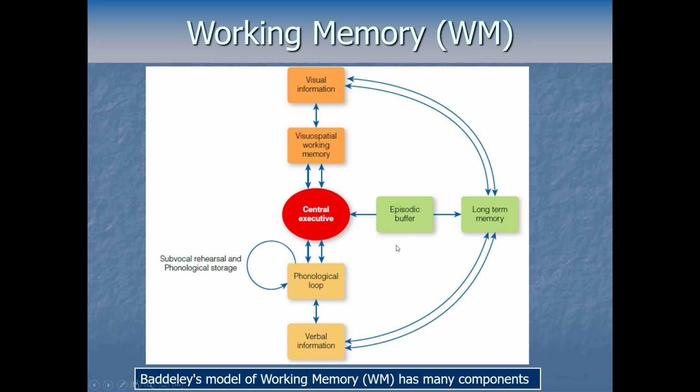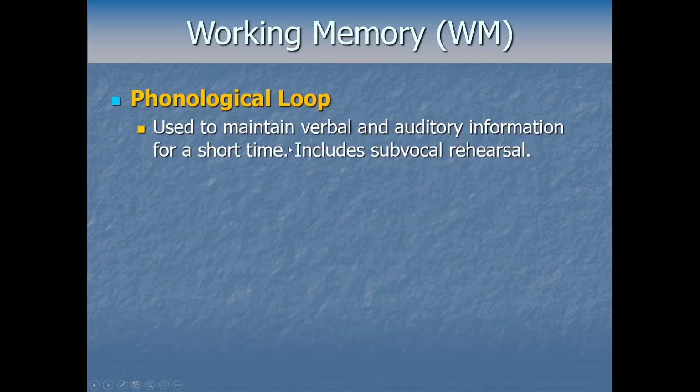So let's talk about each of these pieces of the working memory model. First off, there's something called the phonological loop. You can think of this like an area for briefly storing and processing verbal and auditory information for a short period of time. This is also the system that's involved when you're doing covert rehearsal, like when you're subvocally repeating some words in your head to remember them, or some digits that you want to remember.